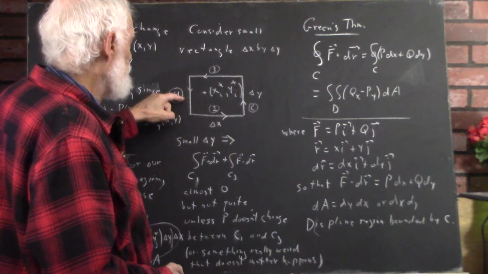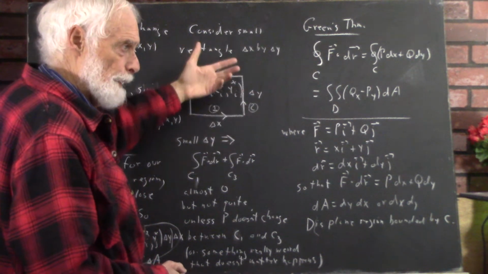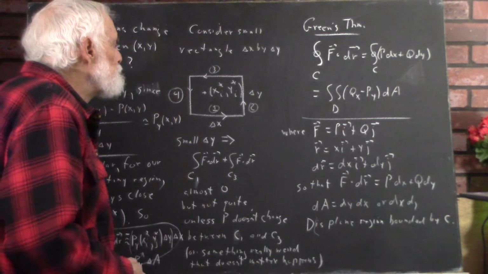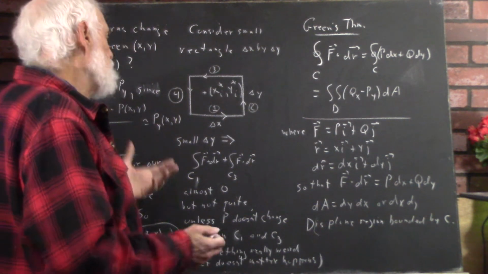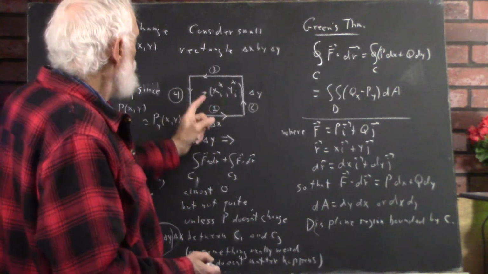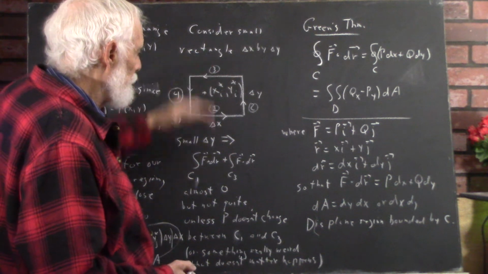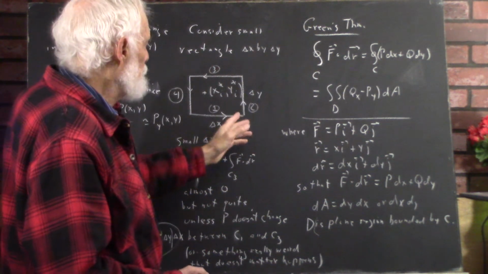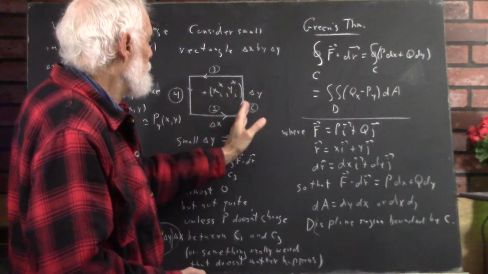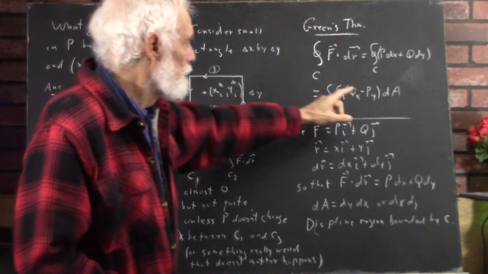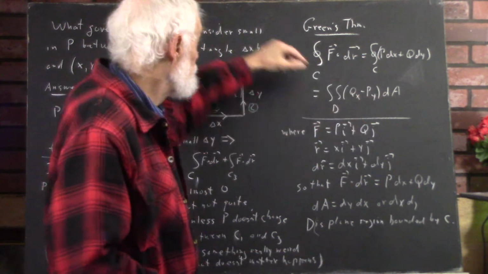So when we subtract this from this, we're going to get a positive. It comes down to that. And it comes down to just, y is changing in the positive direction as we go from path 1 to path 3, but x is changing in the negative direction as we go from path 2 to path 4. For all those reasons, you have a different sign on this than you have on this.